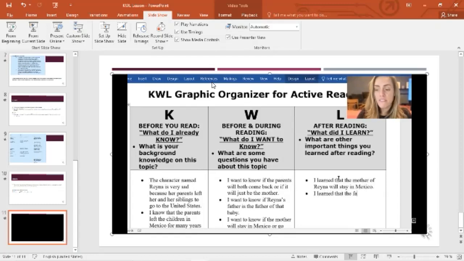I learned that the father of the new baby is Raina's father. I also learned that Raina and her siblings didn't like that new baby at first. Later they did.